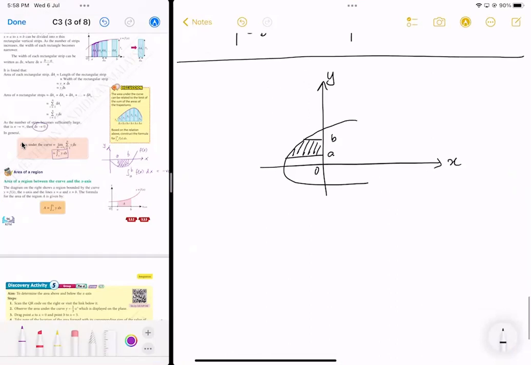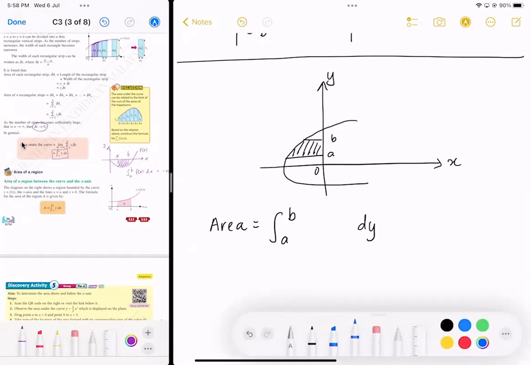When we want to integrate with respect to the y-axis, my area is going to be the integration from A to B, with a dy, because it's referring to the y-axis.